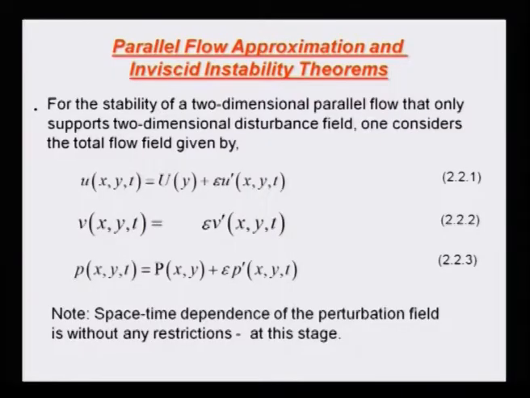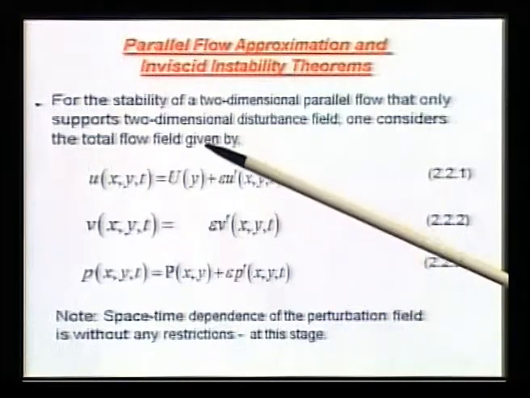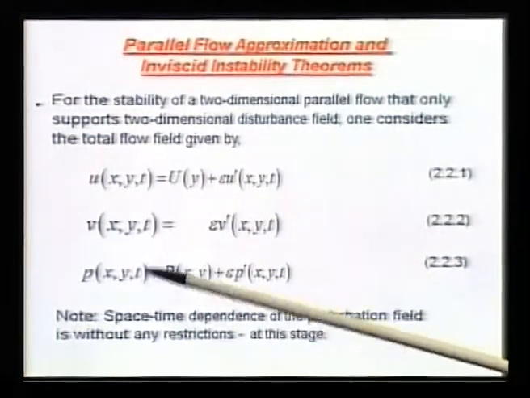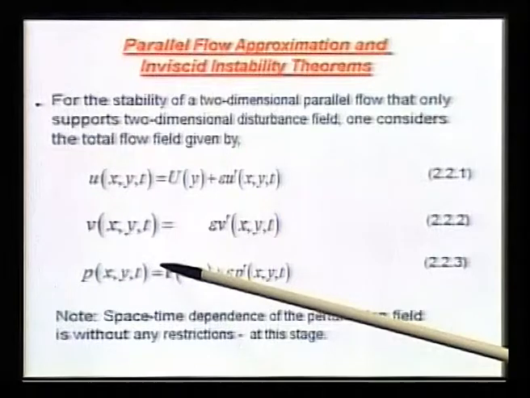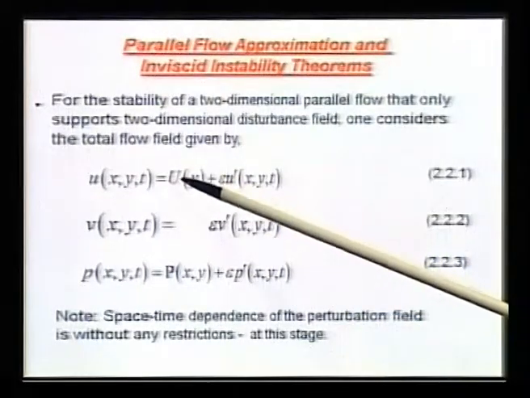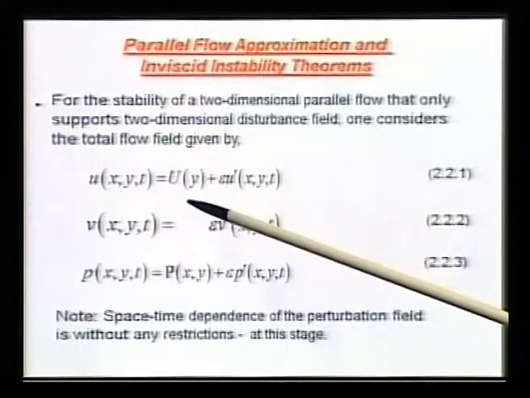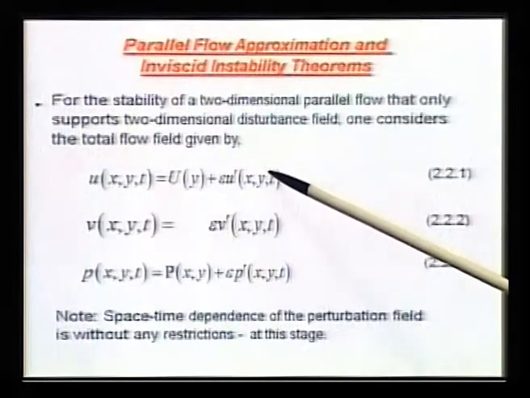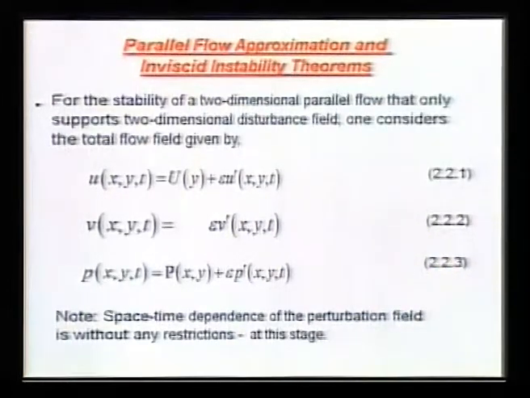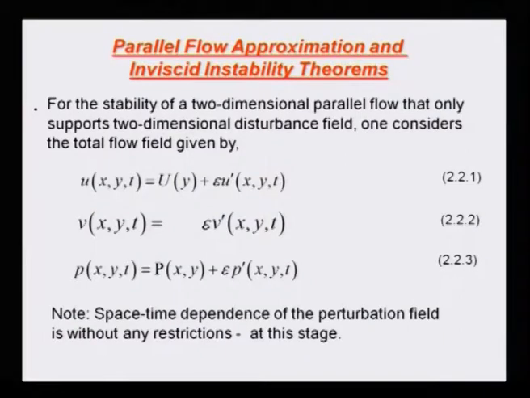That is why we talk about the total velocity field and the pressure field to be a function of time, while the equilibrium flow could be time independent, but the disturbance quantities have embedded in them all possible kinds of space and time dependence, right? So, that is what we are talking about.